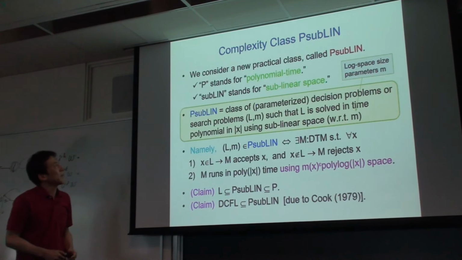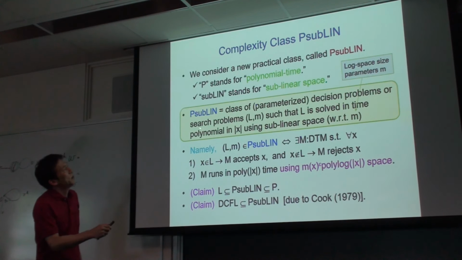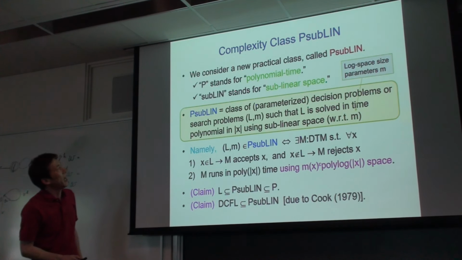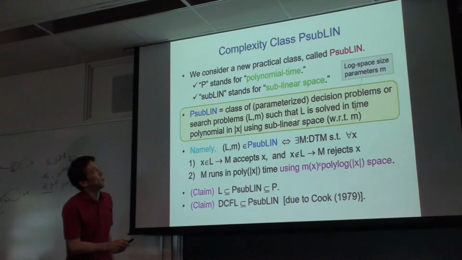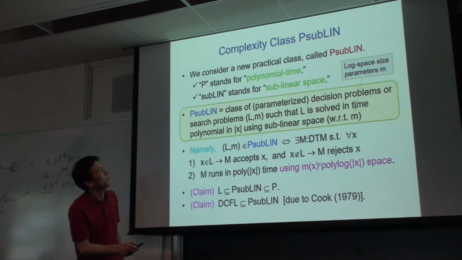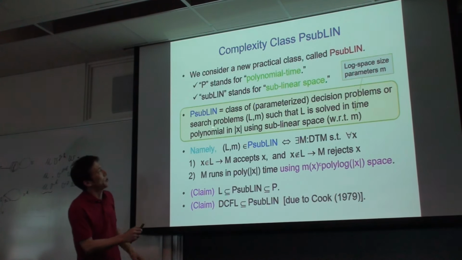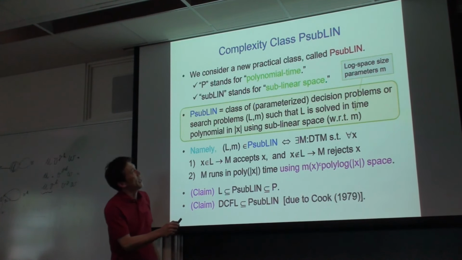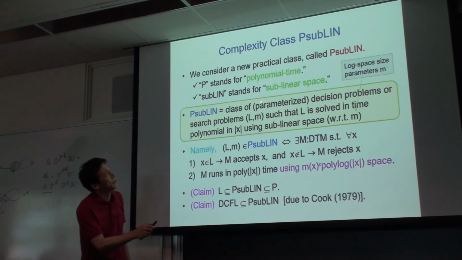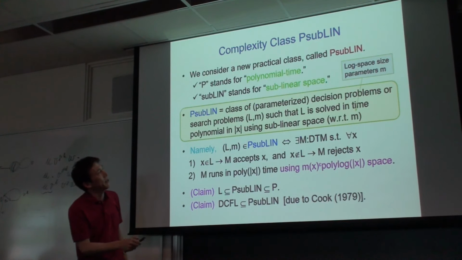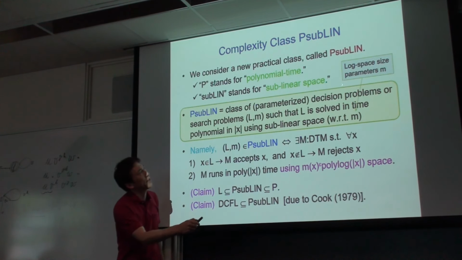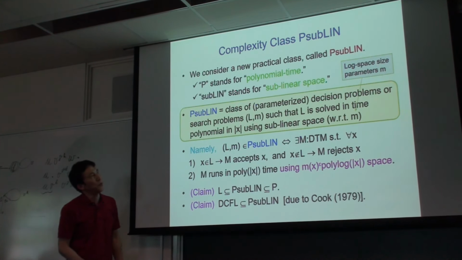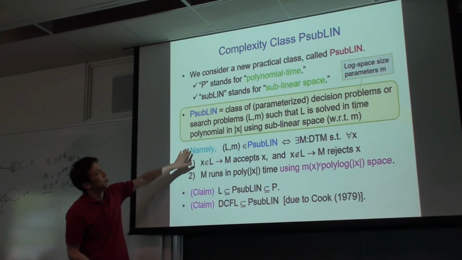Okay. So now we'll introduce the particular complexity class. This is the class of parameterized decision problems, or sometimes search problems, right? L comma m, where L is a standard problem and m is the size parameter, assuming log space computable size parameters.